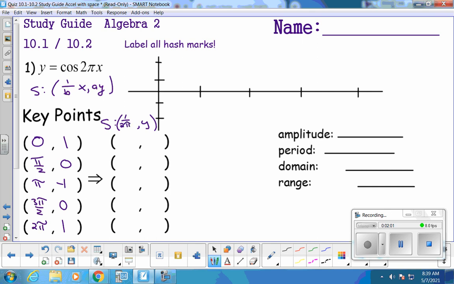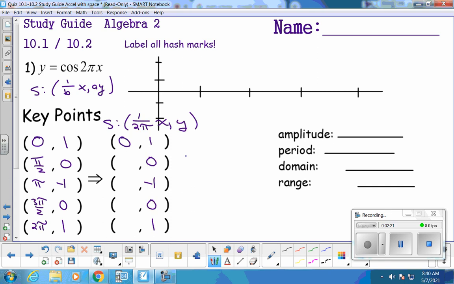I did not leave myself enough space to write. Let me rewrite that. 1 over 2 pi times all x values. The y values can stay the same. So I'm going to do my y values first because they're staying the same. Now I get to start with my multiplying. 0 times anything is 0.